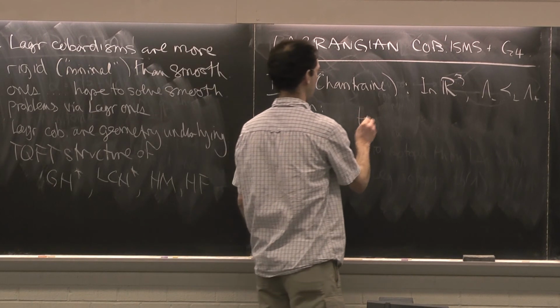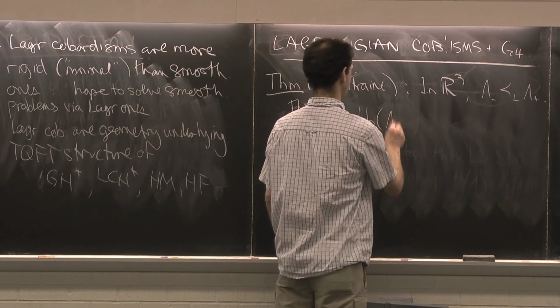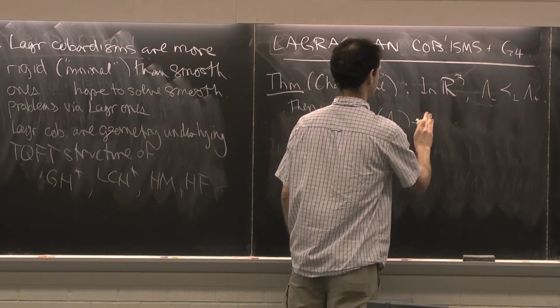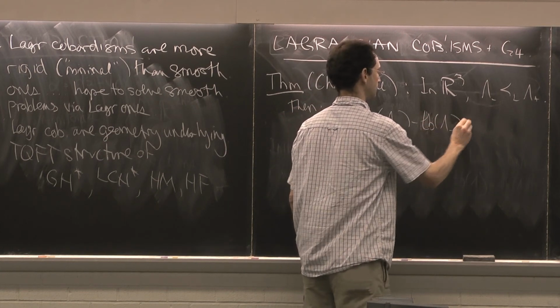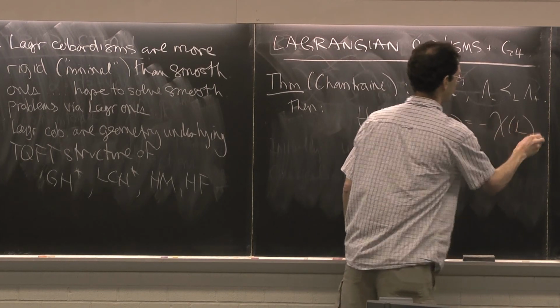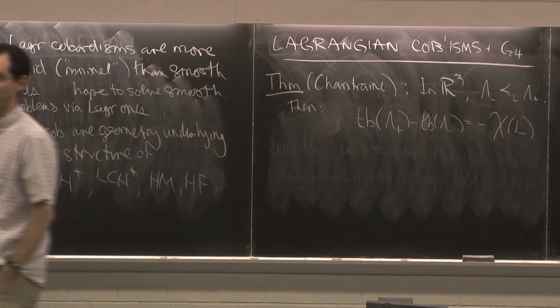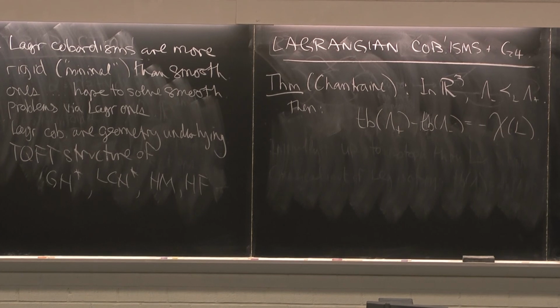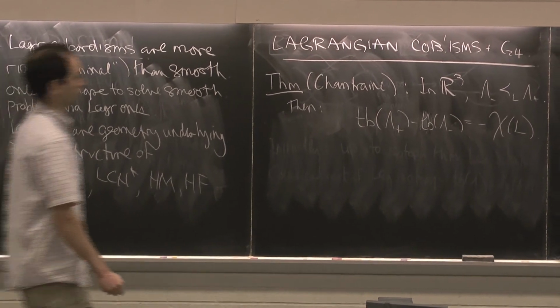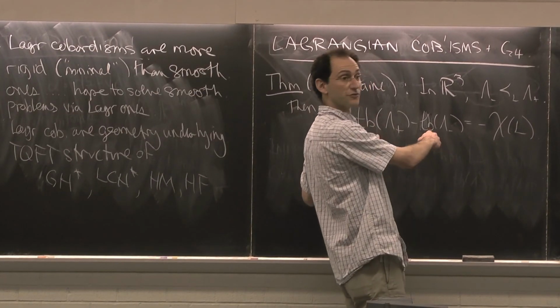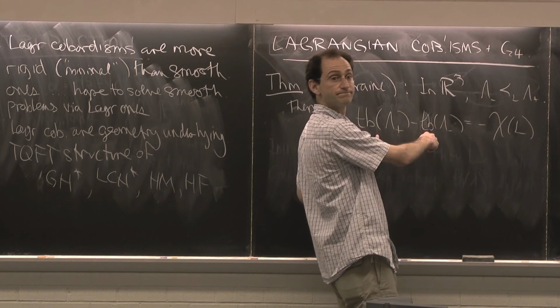In fact, the difference between the Thurston-Bennequin numbers is simply given by the topology of the Lagrangian joining them. In particular, if you have a Lagrangian concordance, that means that the Thurston-Bennequin number is a concordance invariant.